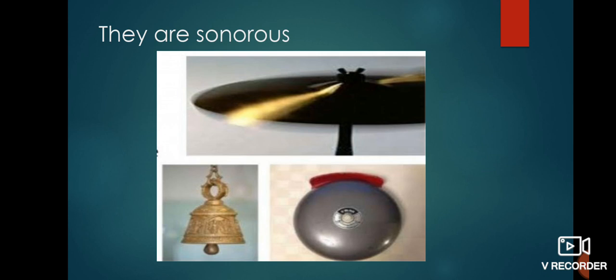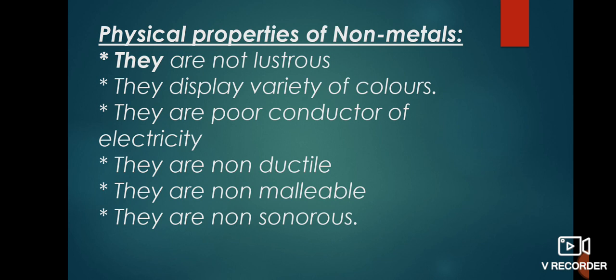Next, the physical properties of non-metals. Generally, non-metals exist in solid, liquid, and gaseous states, but metals exist only in solid state. It's clear. The first physical property of non-metals is that they are non-lustrous. Next, they display a variety of colors.